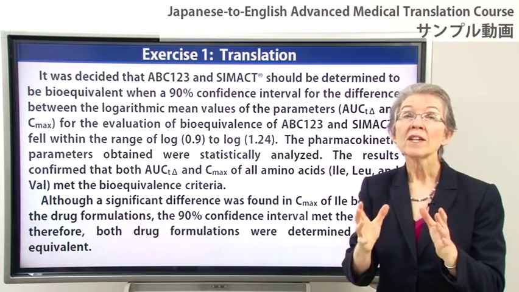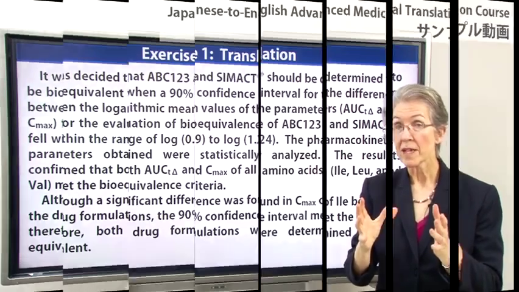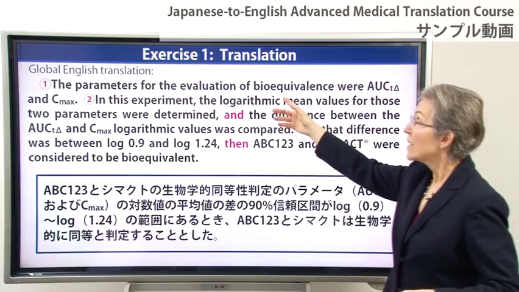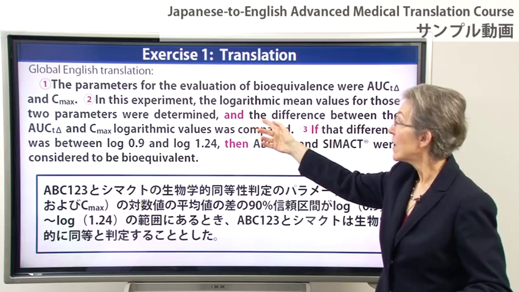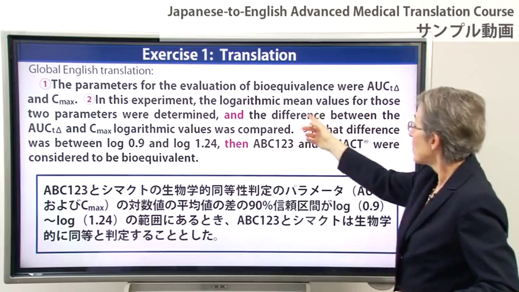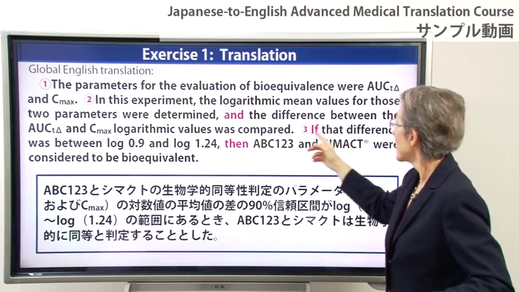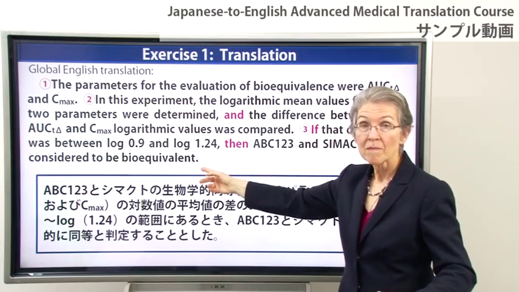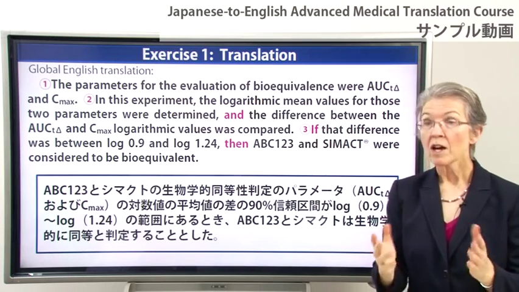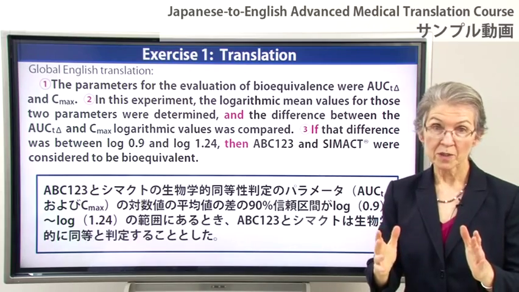So, we need to rewrite it more clearly. As you see, we changed it into 3 sentences of about 11 words, 25 words, and 19 words. I think you'll agree that these 3 sentences are much easier to read.